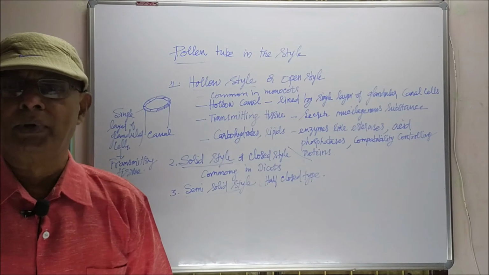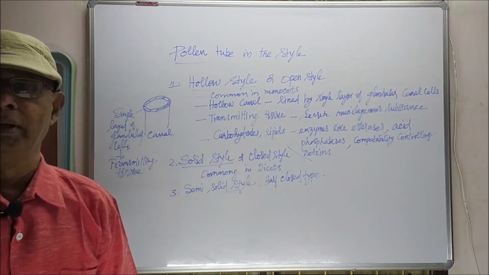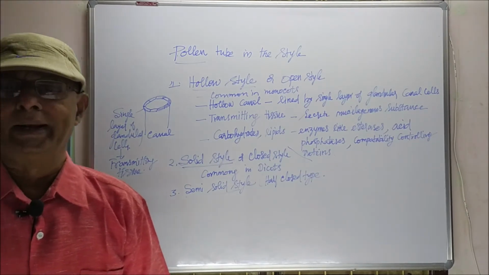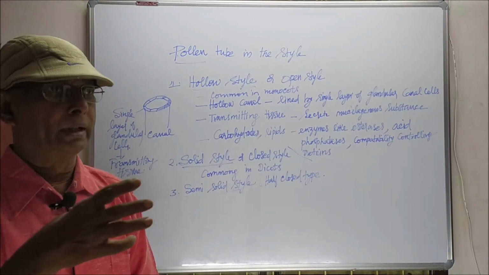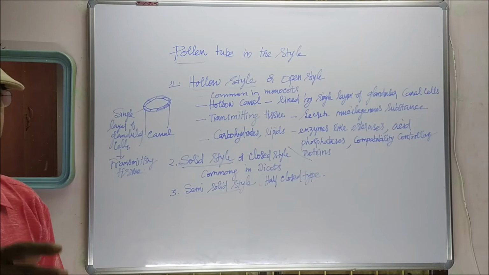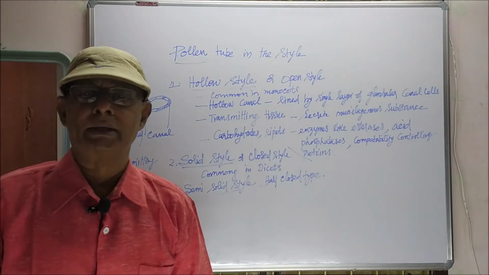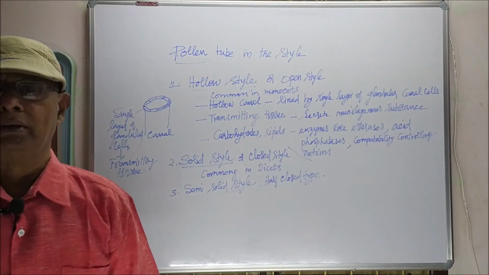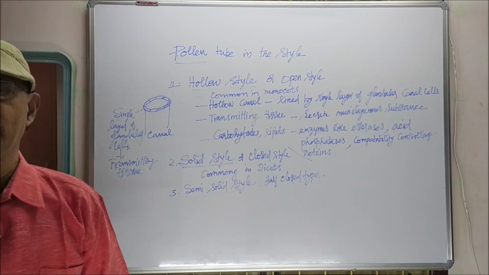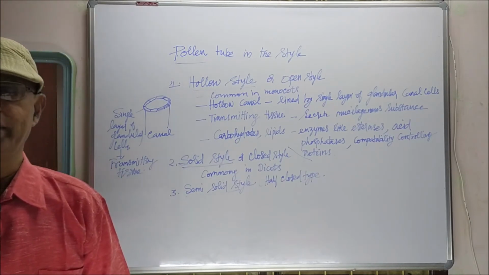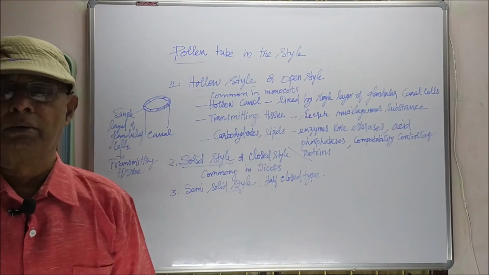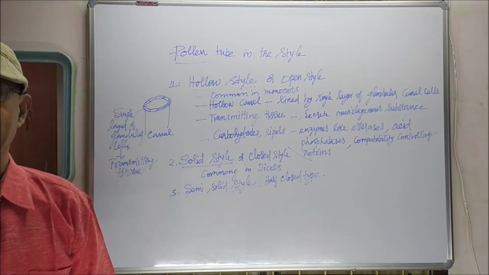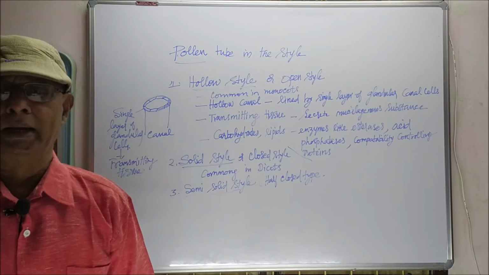The hollow style is completely filled with the secretions of the transmitting tissue, and that is serving as nutrition for the growing pollen tube and also controlling the incompatibility reaction between the style and the pollen tube.